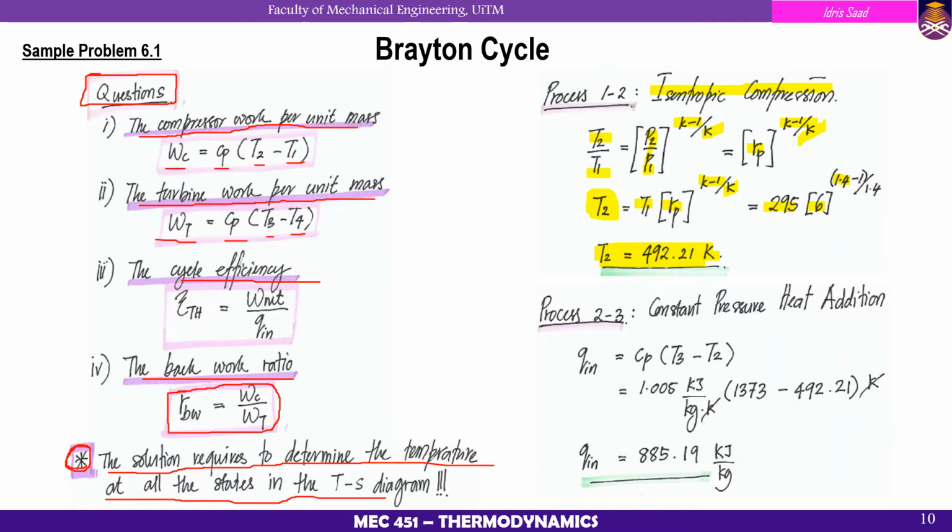So next we go to the second process, which is from state 2 to state 3, the constant pressure heat addition process. The equation for the constant pressure heat addition process is Q in is equal to Cp (T3 minus T2). Then we can put in all the information.